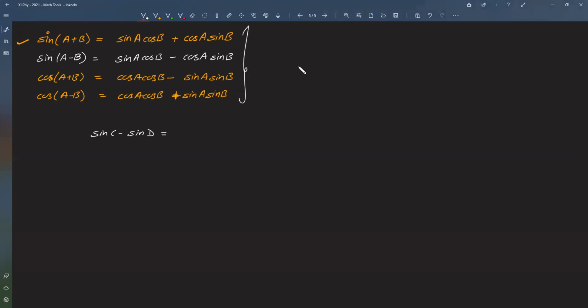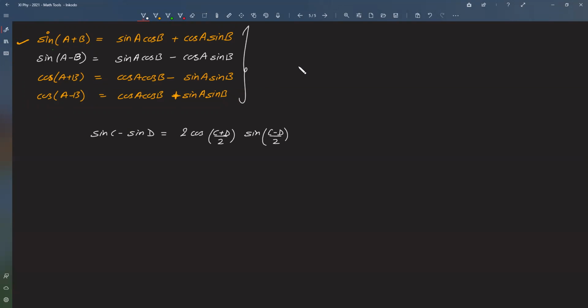Okay, sine C minus sine D, that is 2 cos (C plus D) by 2 and sine (C minus D) by 2. This is again something which you have to derive.